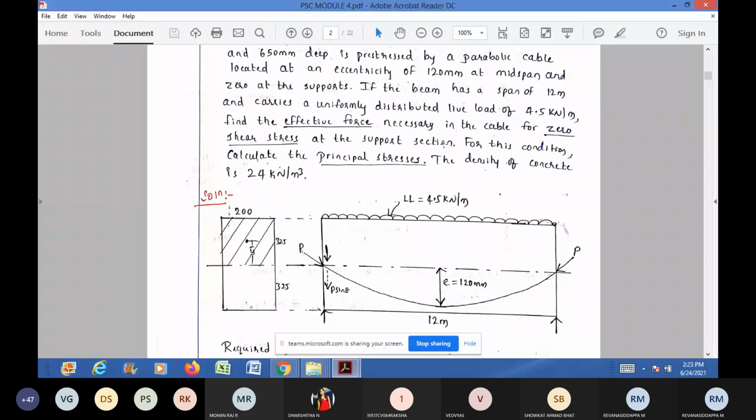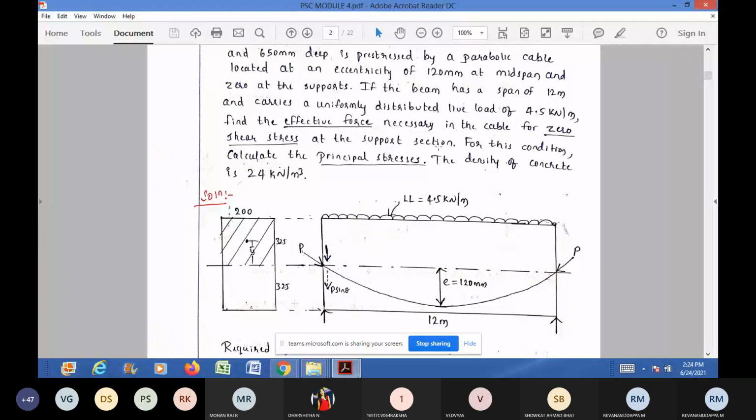Here, he has given shear stress. He has asked to find the necessary pre-stressing force to cause zero shear stress at the support. How much has he given? 0. Find the effective force necessary in the cable for zero shear stress at the support section.